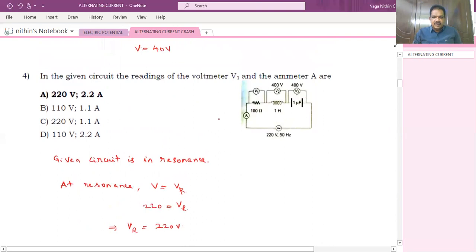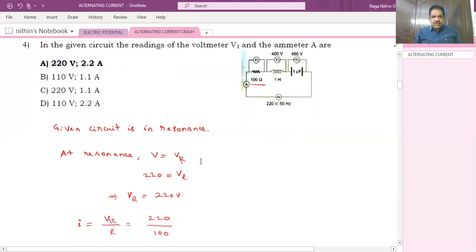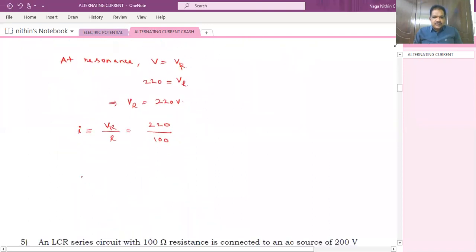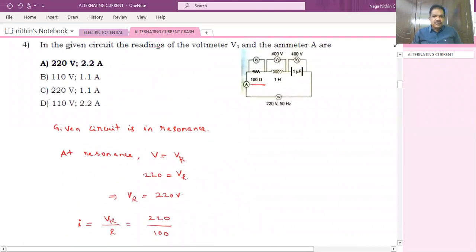See here in the diagram, this value is 100 ohms. So it becomes I is equal to 2.2 amperes. That is the current flowing through the circuit. So 220 volt, 2.2 ampere.